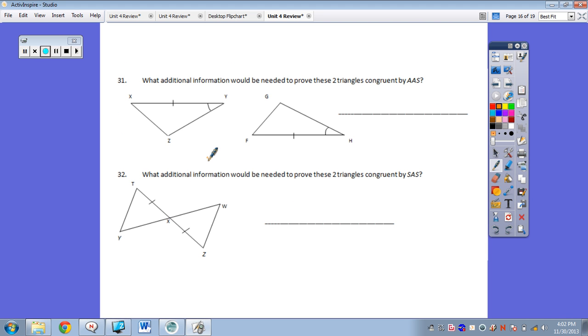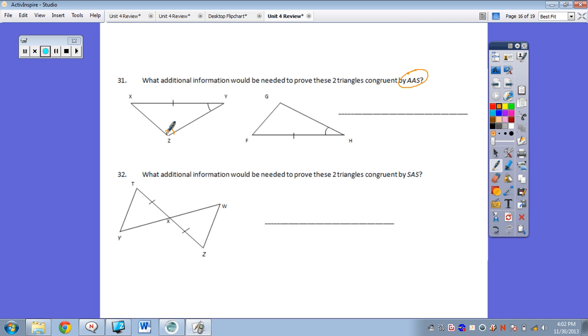31. What additional information would be needed to prove that these two triangles are congruent by angle side angle? Okay, well, if I come here and let's say I want to pick this angle, then this would be angle side angle and not another angle and a side. So where would the other angle have to be in order for it to be angle side angle?